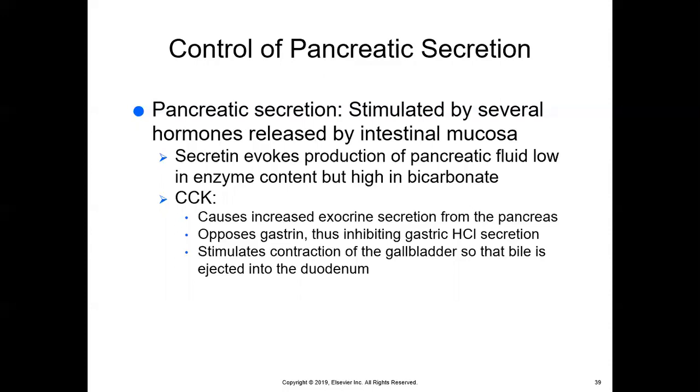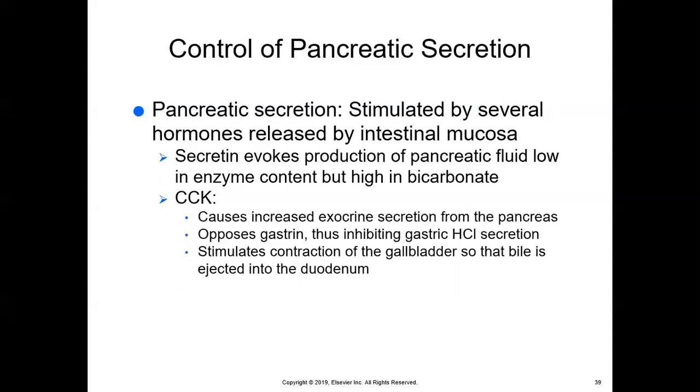It will help offset the acidic nature of chyme. So it will tell the pancreas to actually secrete a lot of bicarbonate to help neutralize this acid. So that fluid that the secretin stimulates from the pancreas is low in enzyme, but high in bicarbonate content.